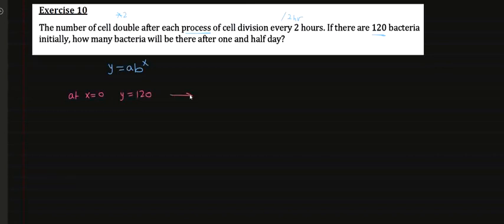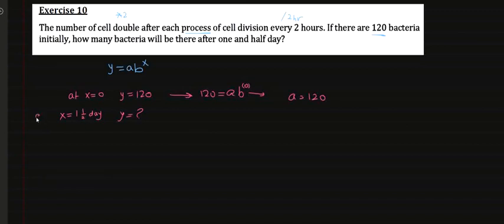And we can reflect this: the 120 is equal to A, because when the power is 0, directly, this A is equal to 120. How many bacteria will be there after 1.5 days? We want to know the amount of Y when X is given by 1.5 days.